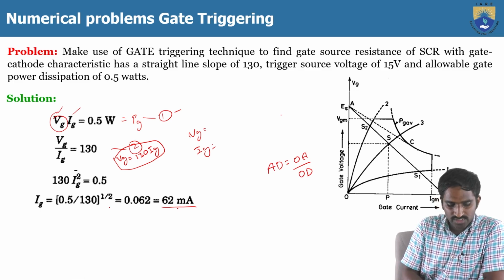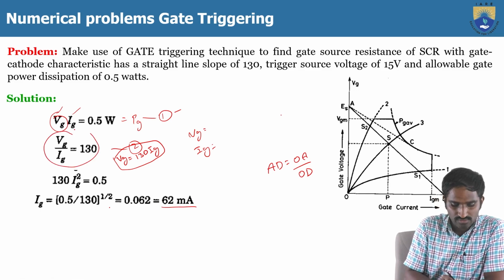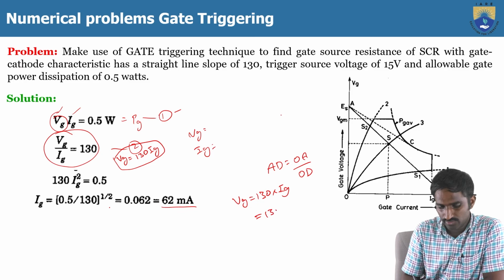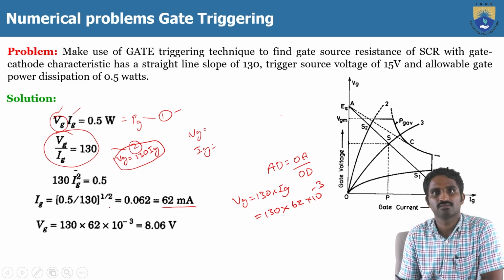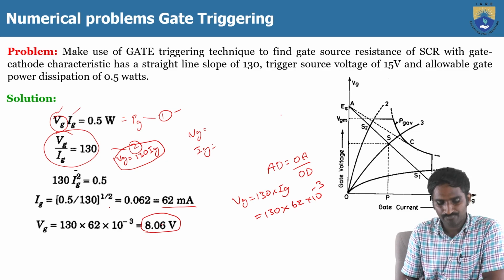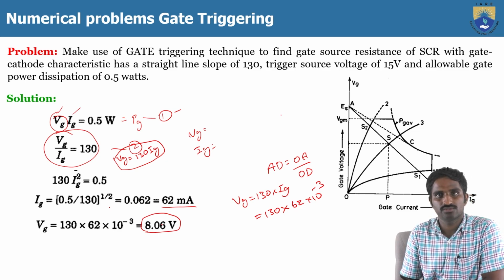Then if you substitute this Ig value, because Vg is equal to 130 into Ig, so 130 into 62 into 10 to the power of minus 3, because milliamperes, you will get the voltage Vg, which is 8.06 volts.